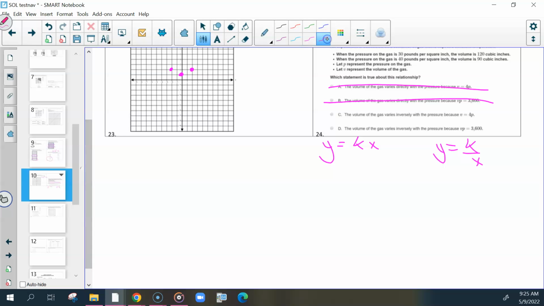I'm also going to put our equations for k. For our direct, our k is y over x. For our inverse, our k is y times x, or x times y. If this is an inverse, which of those two look more like one of our inverse equations?